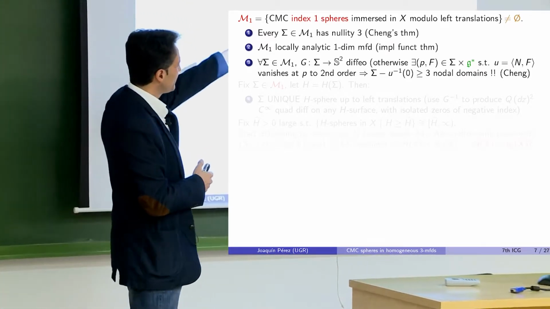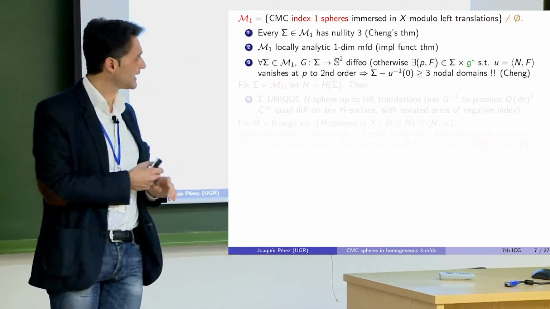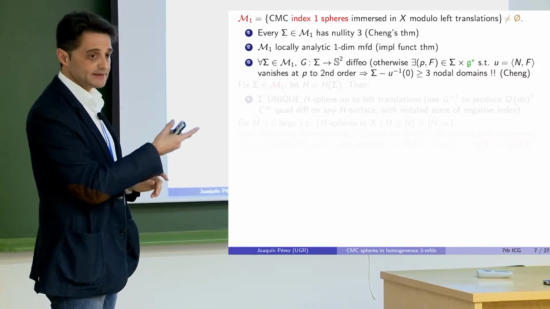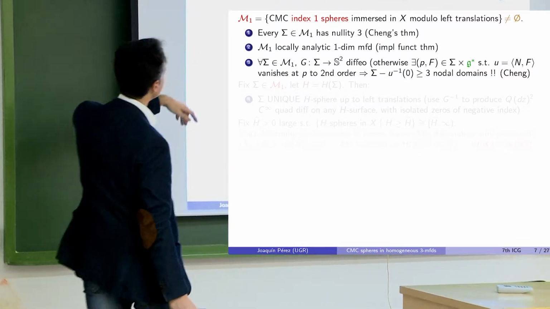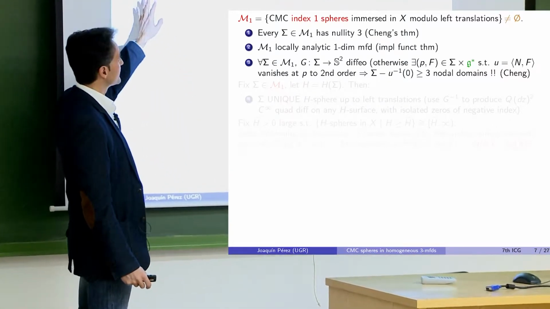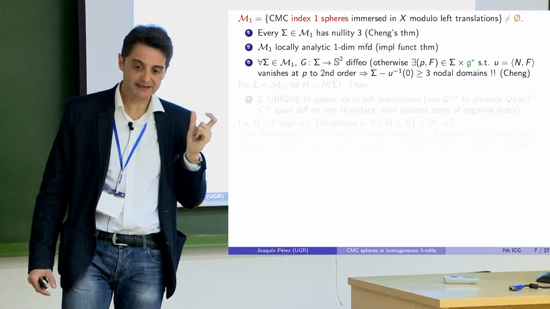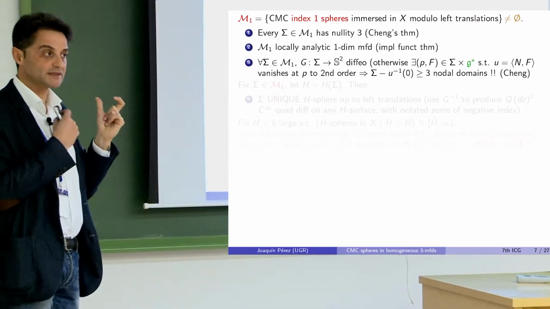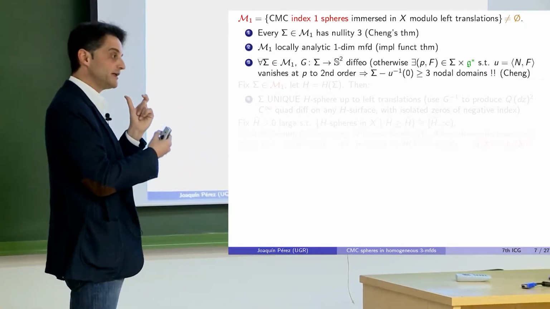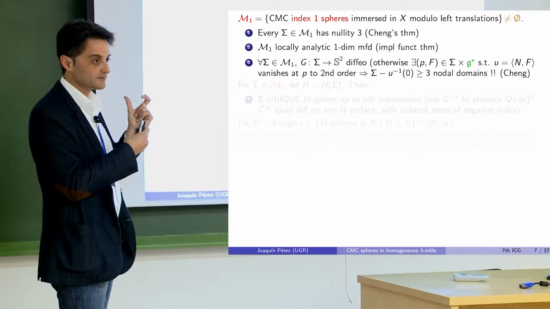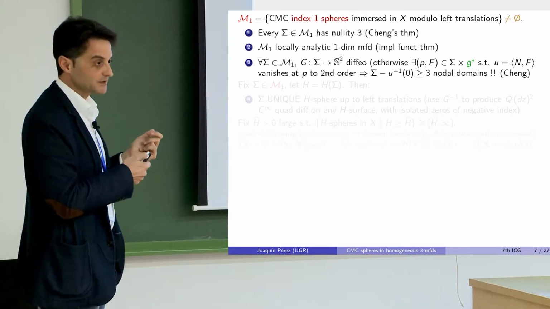So that creates a point P and also a right invariant vector field, just by extending the vector that lies in the kernel, so that the corresponding Jacobi function, the one that you see in the corner of the blackboard, vanishes with second order at P. This property of vanishing with second order means that if you remove from sigma the zero set of the function, you have at least 3 nodal domains. But this is again forbidden for an index 1 sphere by Chen. Okay? Which means that G is a diffeo for index 1 spheres.